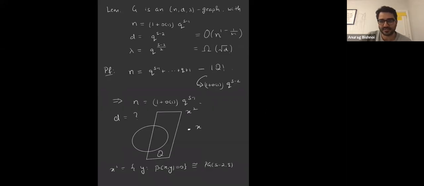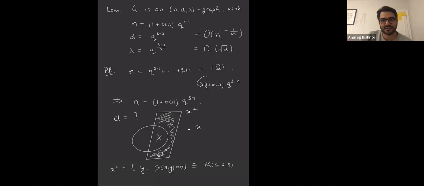That's why I drew it like this. Now, what we want to find out is how many points there are in x perp which are non-singular. So we want to find out the size here. We don't want to look at the intersection with Q. That is the neighborhood of every vertex. Is that clear?